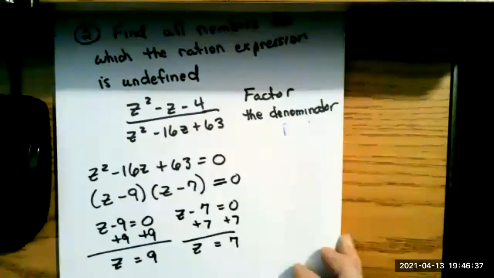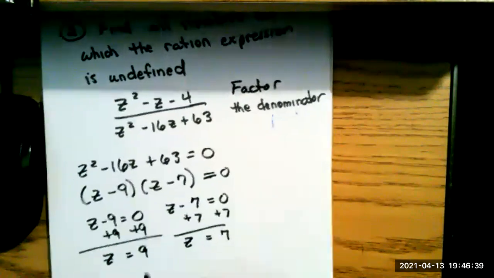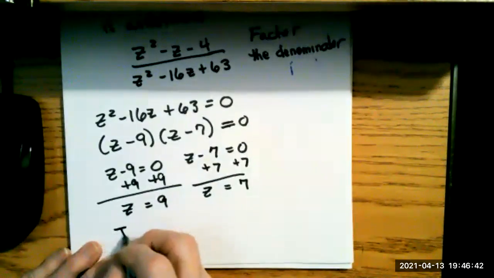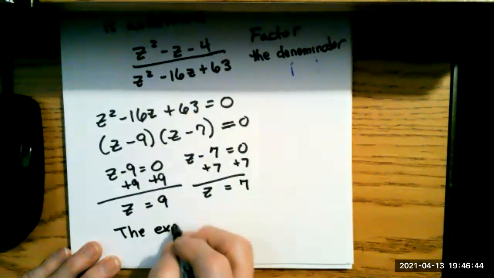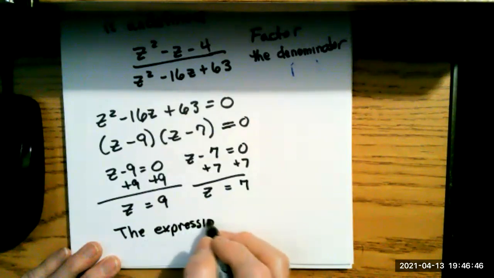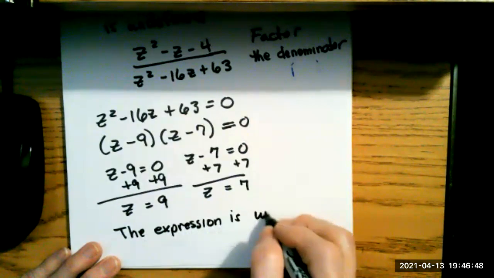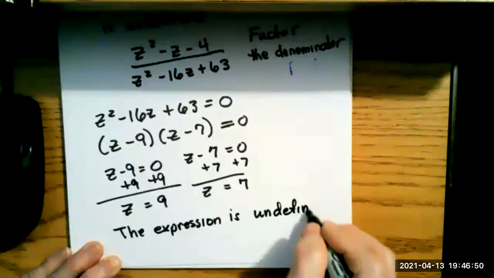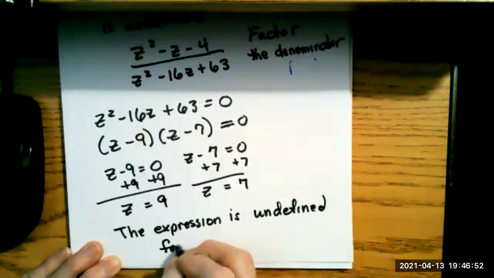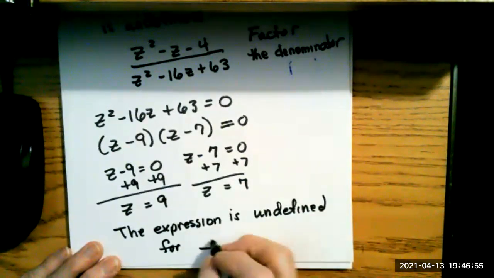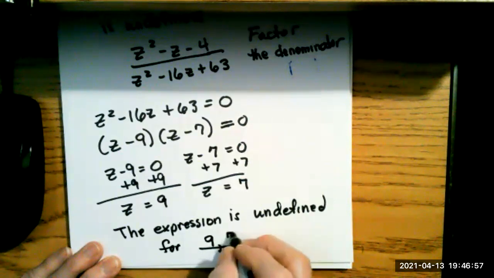So we've got a 7 and a 9, and this is the way it looks in your assignment. The expression is undefined for blank, and they want you to put 9, 7.